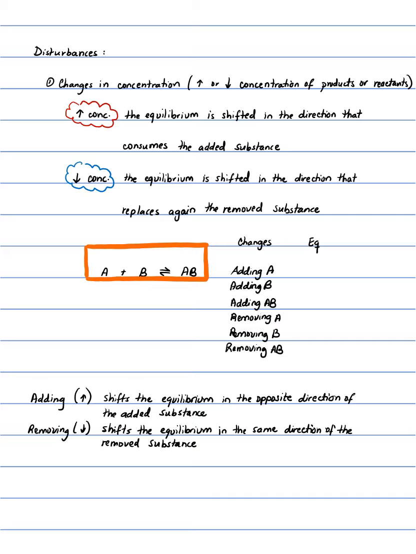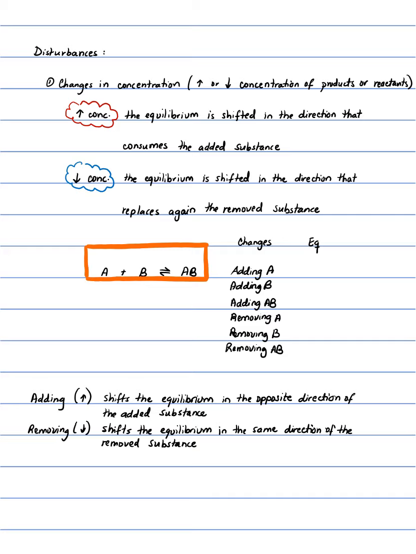Whenever you're removing a substance from an equilibrium system, your reaction is going to find a way of making more of that substance that you're taking away. So the equilibrium will be shifted in the same direction that you're taking away that substance, because your reaction is finding a way of making more of that substance.